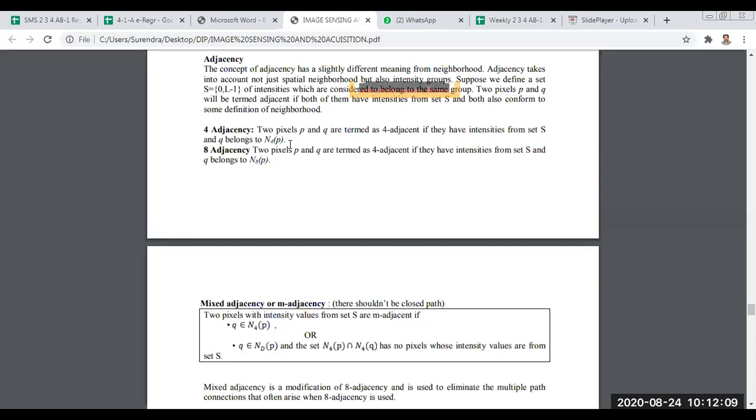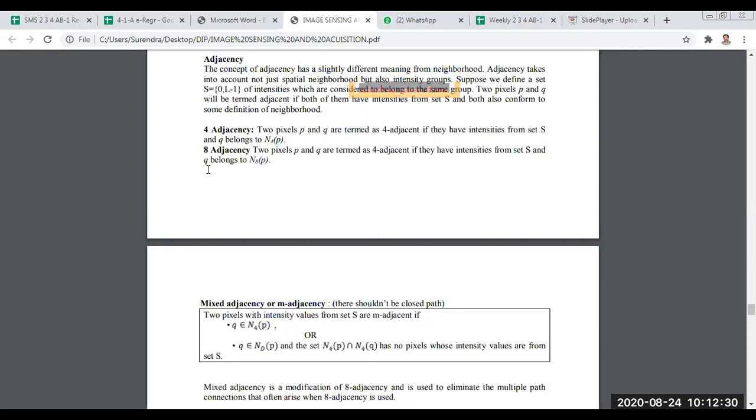Then it is N4 of p. Also q is not a pixel of the first image, but q belongs to the neighborhood of p and has the same intensities.